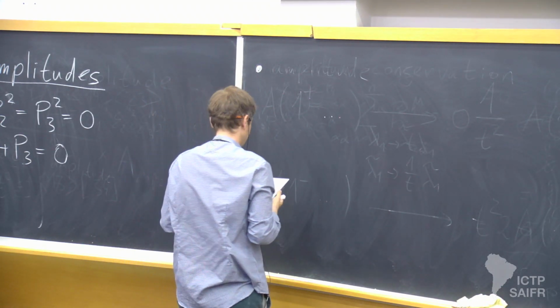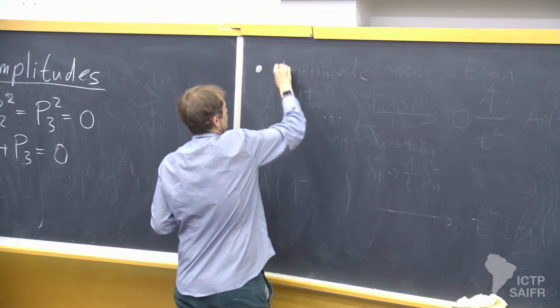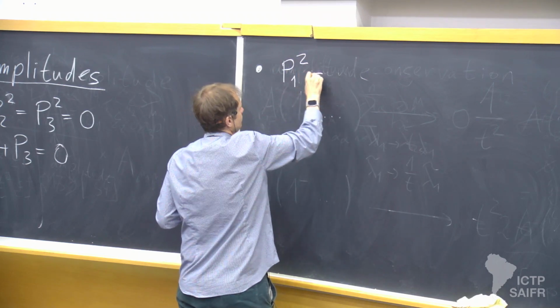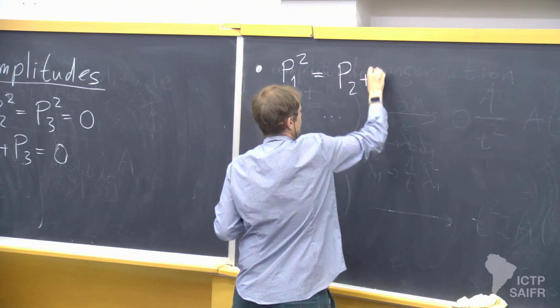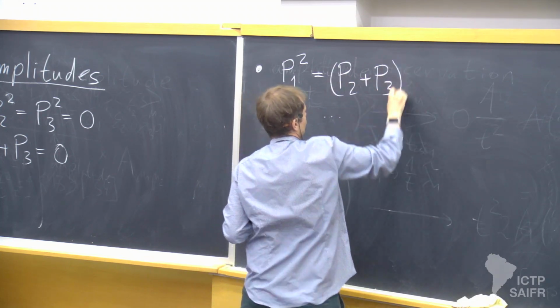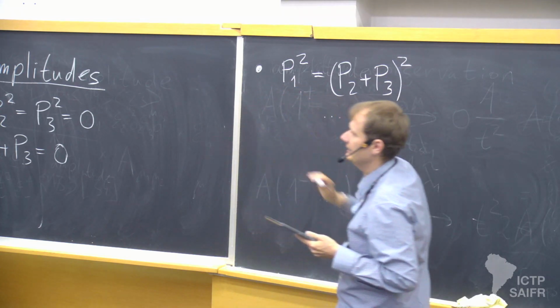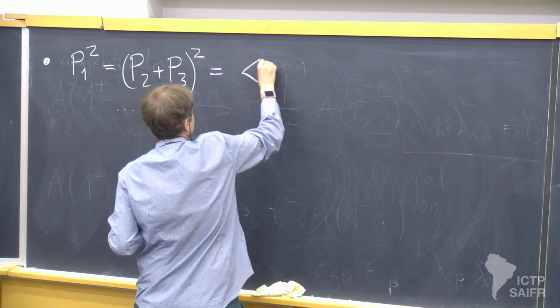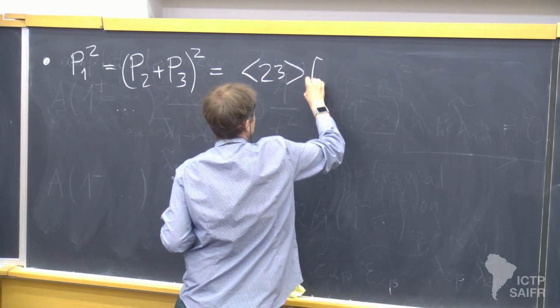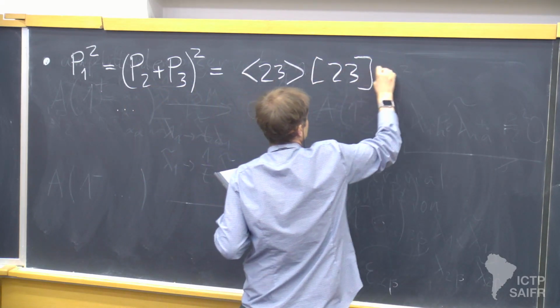So let's just do it. We said that P1 squared is 0, but P1 squared is also (P2 plus P3) squared from momentum conservation, because we can express P1 as minus P2 minus P3. And this we already know is angle bracket 2,3 times square bracket 2,3. And that is 0.